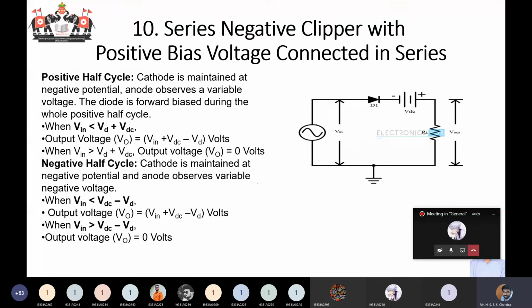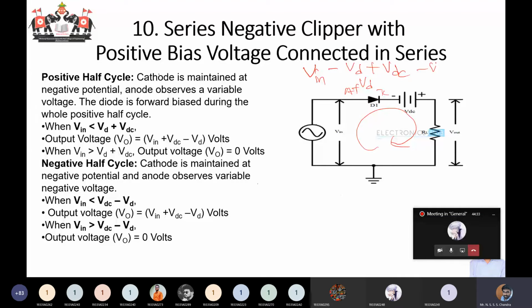So for this diagram, what will be your KVL when the diode is conducting? When the diode is conducting, your equation will become VIN, this is plus, this is minus, anode and cathode, minus VD, and then we are moving from the minus terminal of the battery to the positive terminal of the battery, so it is a rise in voltage, plus VDC minus V0 equal to 0.